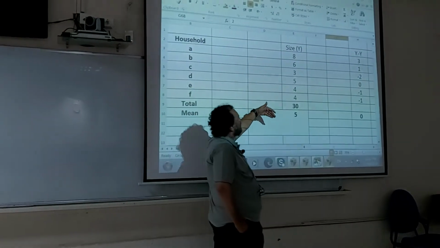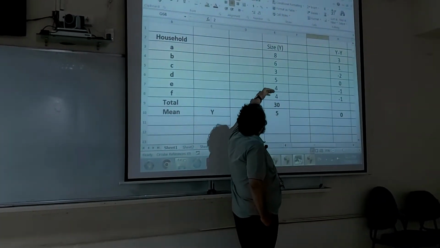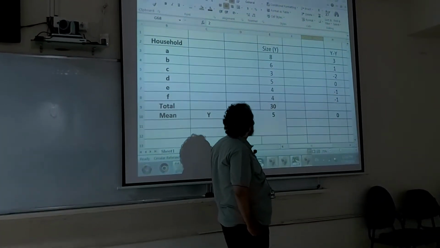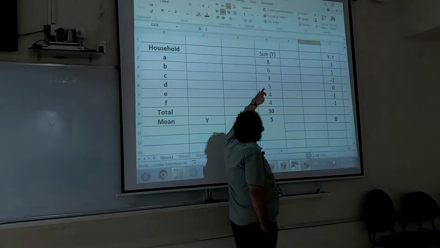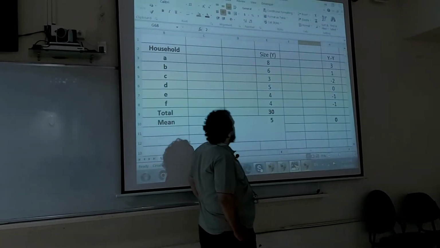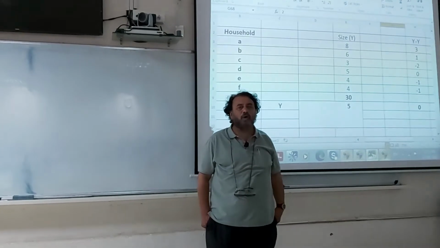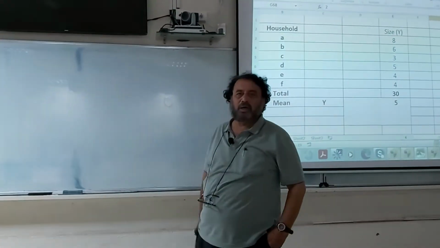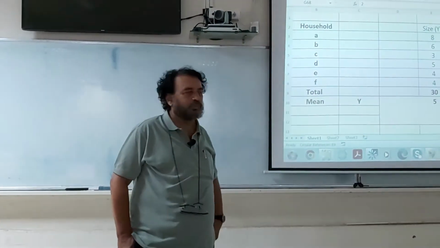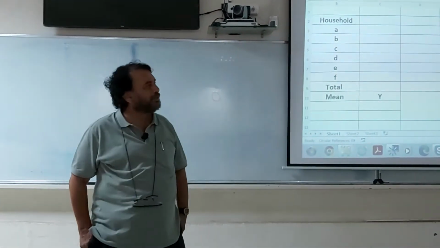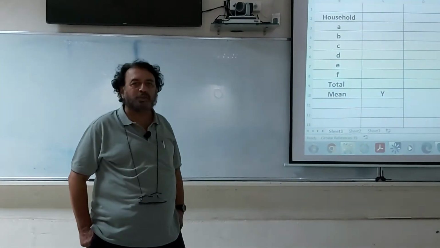This is our universe. This is the size of the household, that means the number of persons in a given household. And given these data on the population as a whole, we have a chance of observing all possible elements in the population, which in this case is evidently feasible, there are only 6 households.